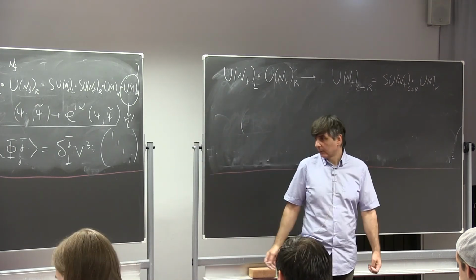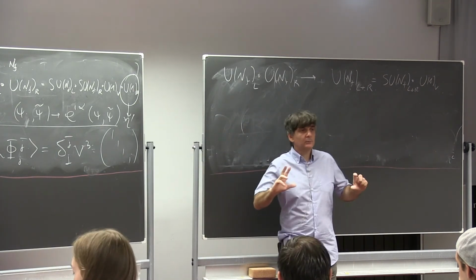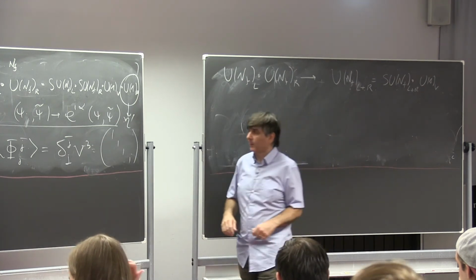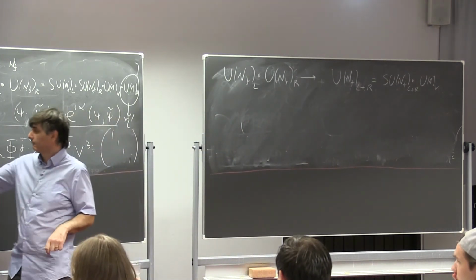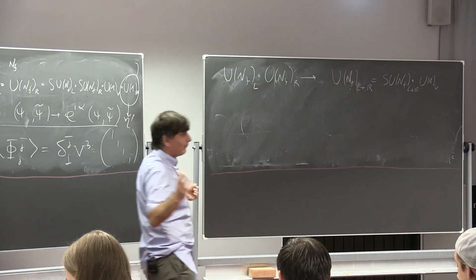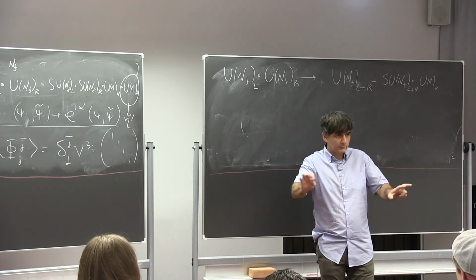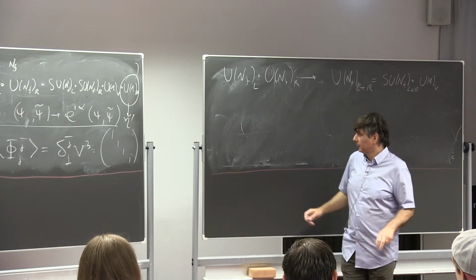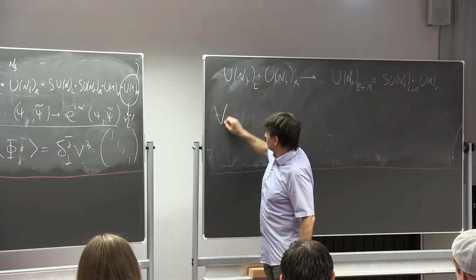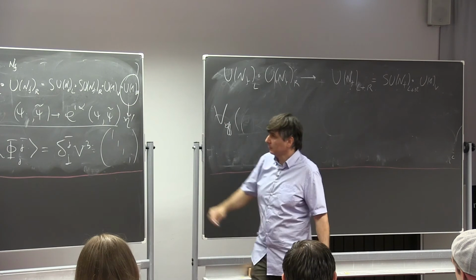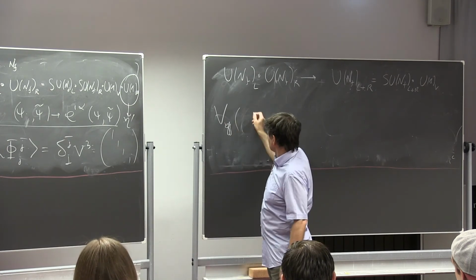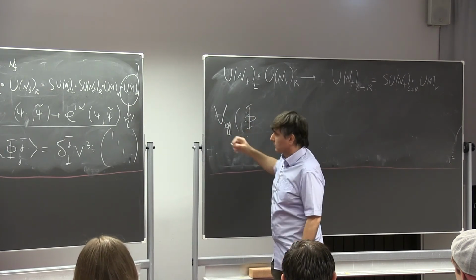So let's think in terms of the effective potential of this order parameter. Somehow, let's say we don't know how, there is some effective potential which depends on this order parameter.